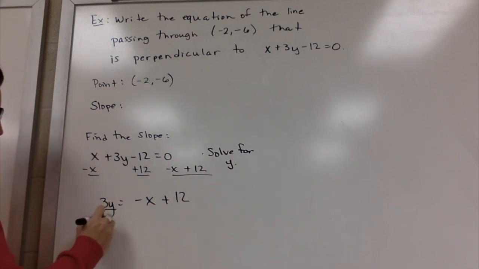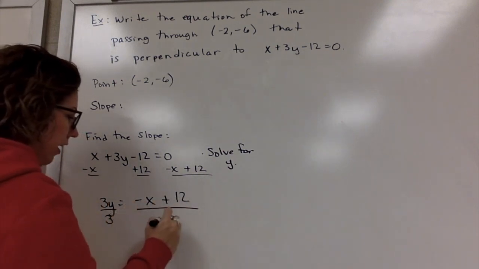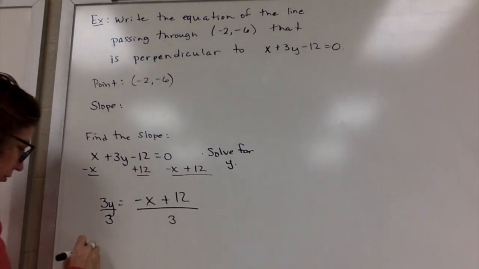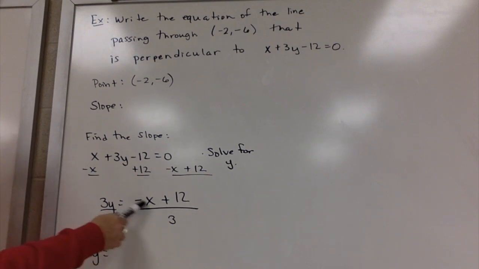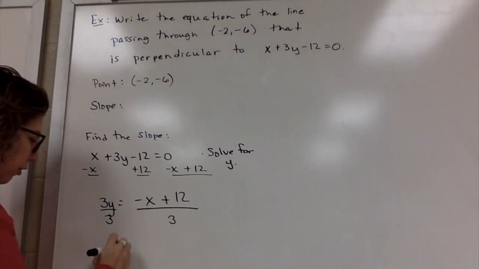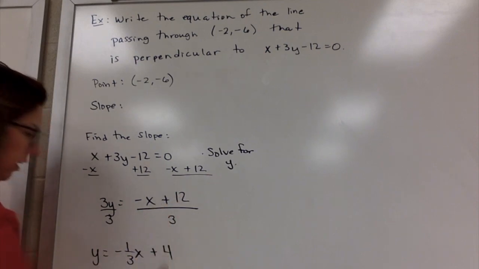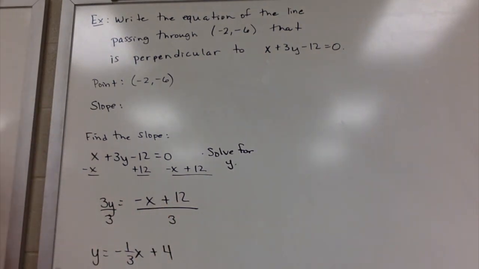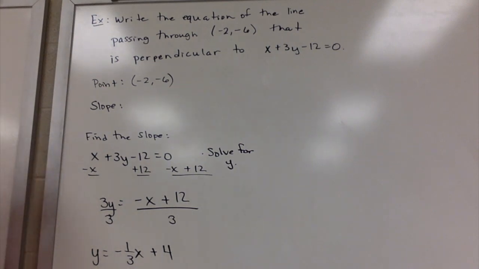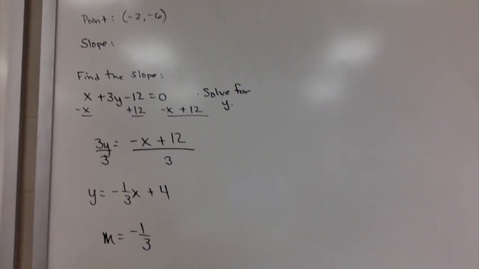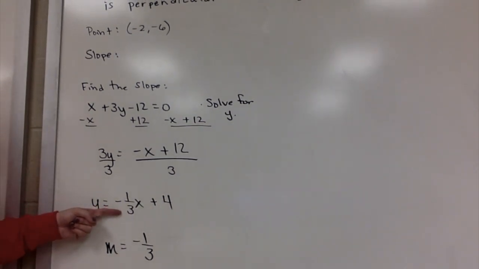Then we need to divide both sides by 3. But when I do that, I have to divide everything by 3, which then gives me -x divided by 3, or -1/3 x, plus 12 divided by 3, which is 4. So now I know that the slope of this line is -1/3. There it is, because it's in slope-intercept form.